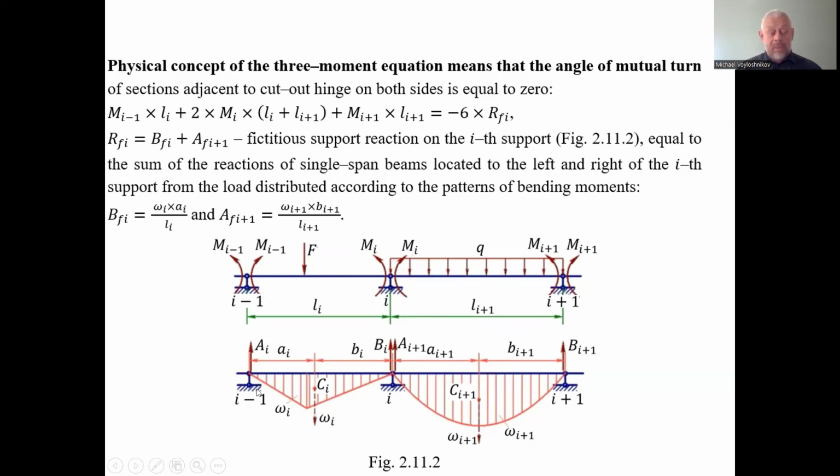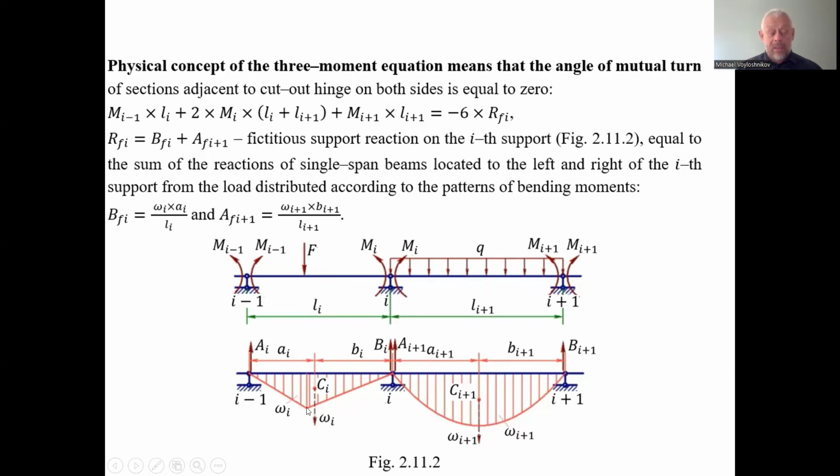This is the bending moment diagram of triangle shape, and this one is parabolic, a curvilinear diagram, with the convex side of the parabola directed towards the direction of the force.